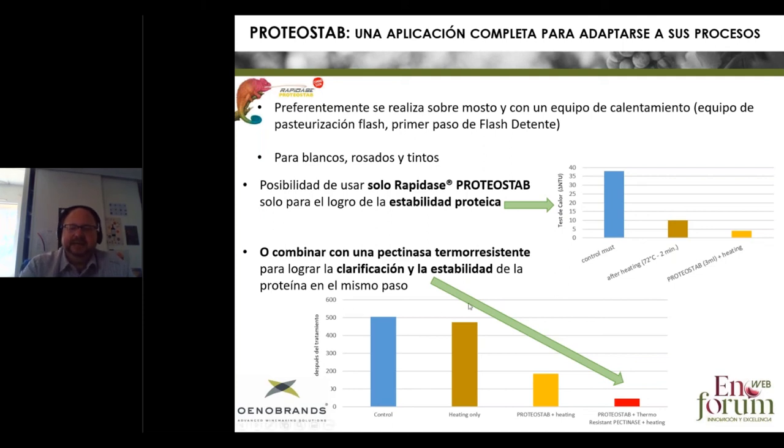And you can see here, in terms of turbidity, so the clarification process, that the use of Proteostab and heating is already able to reduce the turbidity of the must. But if you add a thermoresistant pectinase, you achieve a very good clarification with the protein stability.